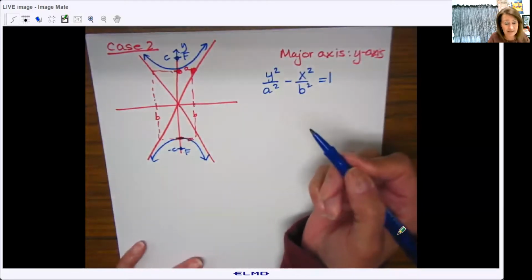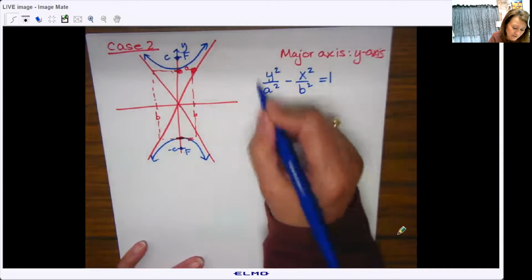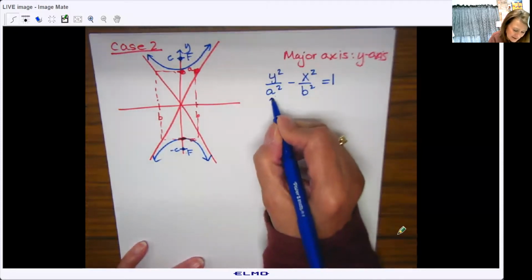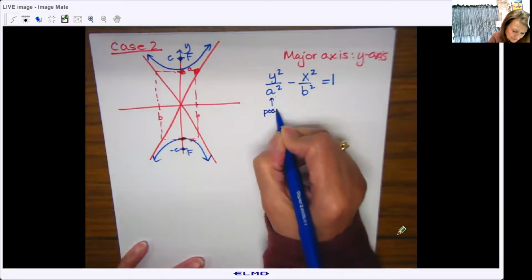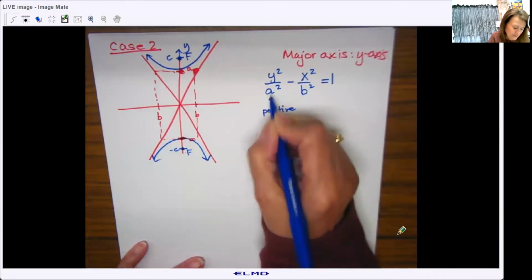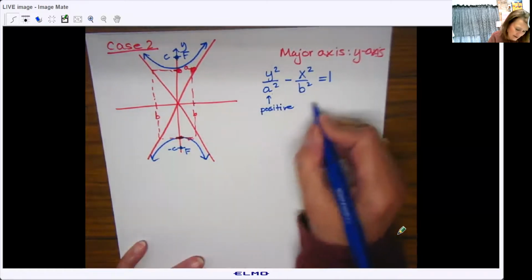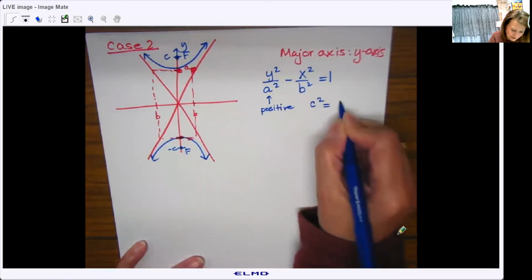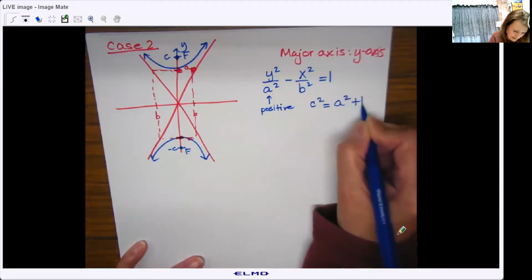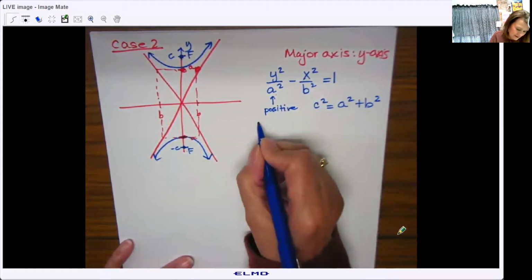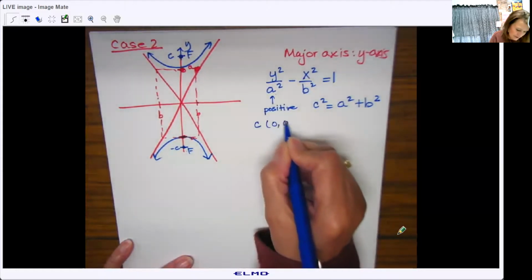If this is a positive 1, then whichever one is positive, that's what a is. A is under your positive term. And once again, c squared is equal to a squared plus b squared, where in the ellipse it was a subtraction. Okay, the center is at 0, 0.